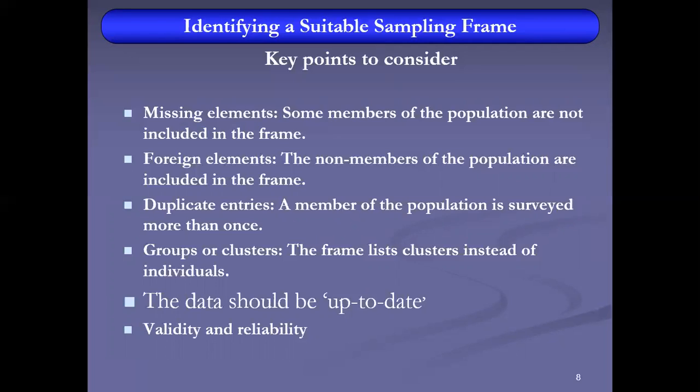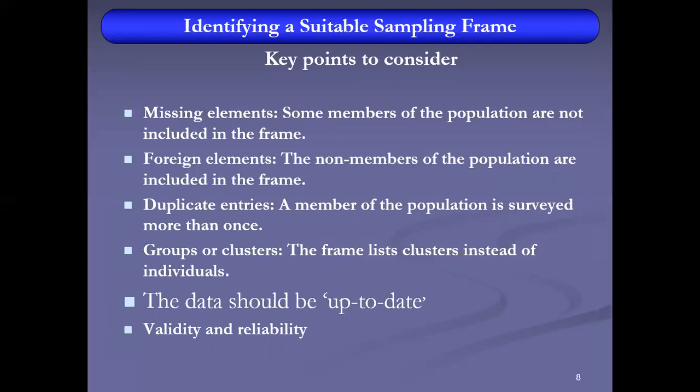For example, if we want to collect data from customers who should be male and aged between 20 to 25 years, but the participants include a female, or a person who is 35 years old, these are foreign elements, non-members.